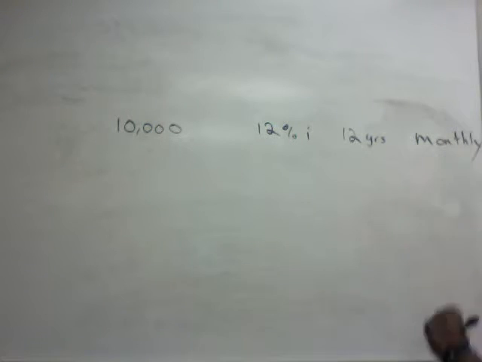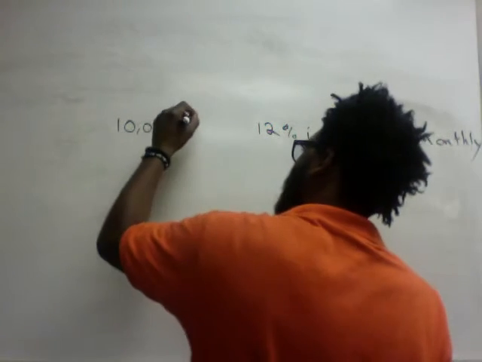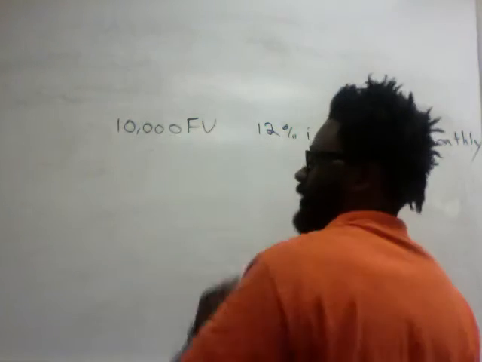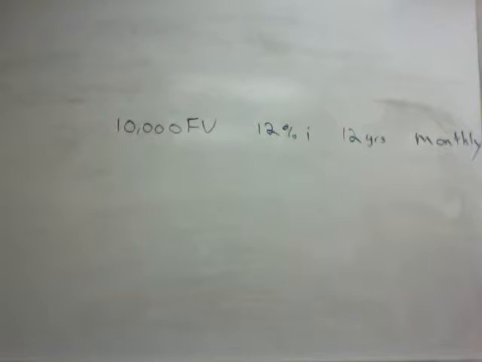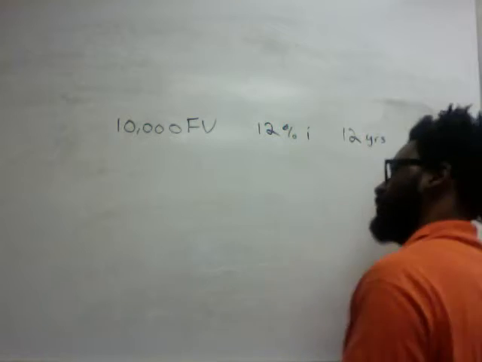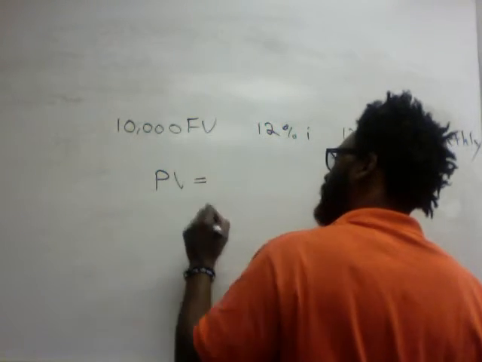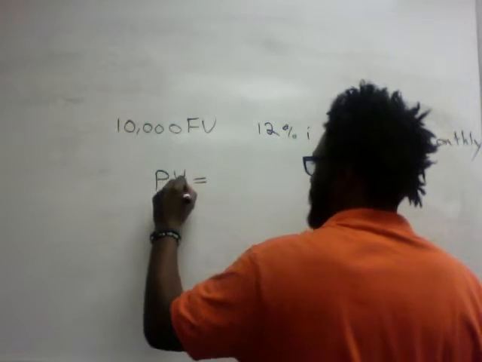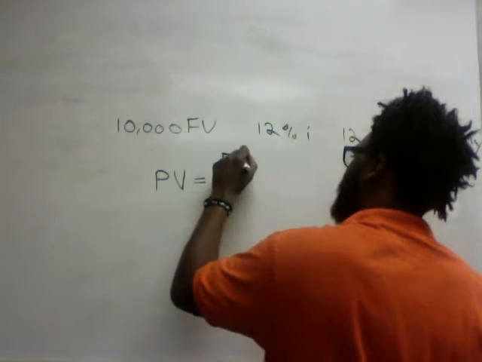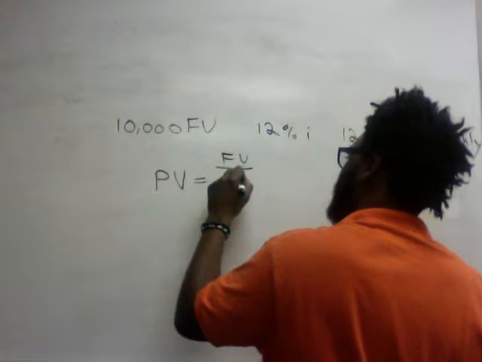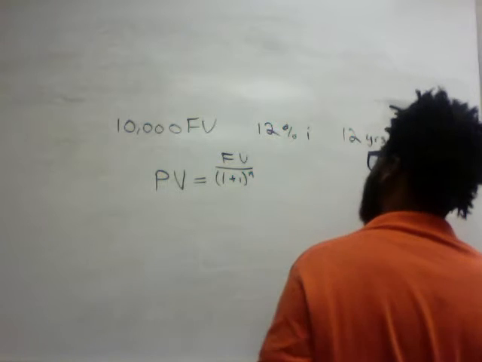This time we're calculating the present value, so this is the future value given. How will we go about finding a present value? What's our present value formula? Our present value formula is future value divided by 1 plus I to the n power.